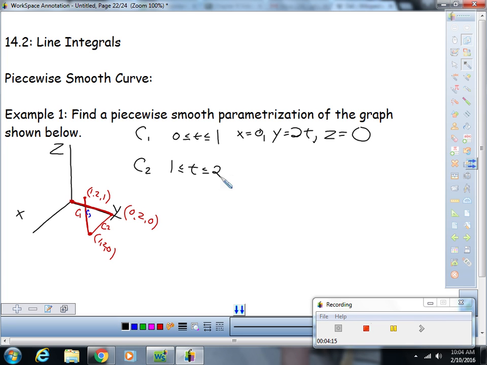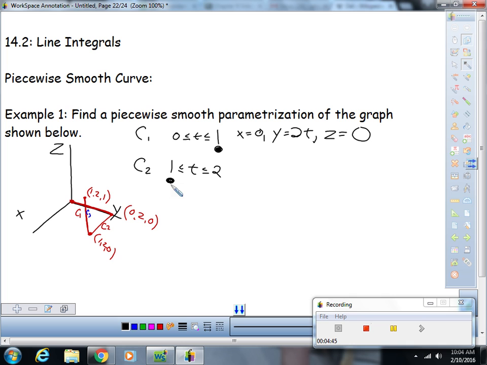But here's the key. There's two things. One, these have to be consecutive or continuous, and two, they cannot overlap. Actually, there's three things. And the location of our point at this t equals 1 must be the same as the location of our point at this t equals 1.